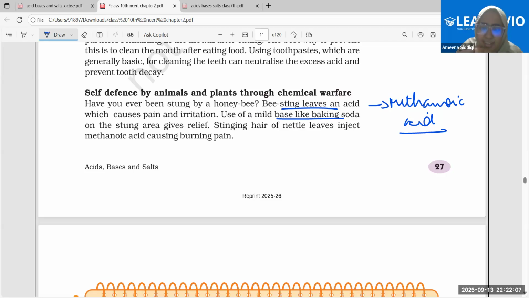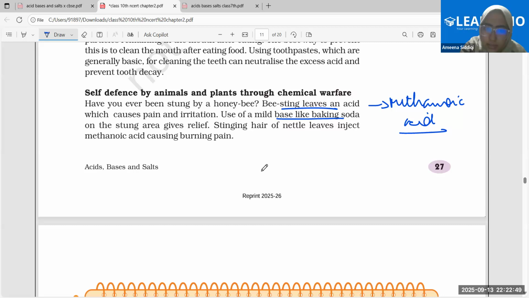No. The point is the pH is actually higher than that of baking soda. Basically, it is a stronger base, and we just cannot use a stronger base like this on the skin. Okay, that is the point. Therefore, whenever you see things like that, we would always prefer baking soda rather than washing soda. I hope that clears your concept.